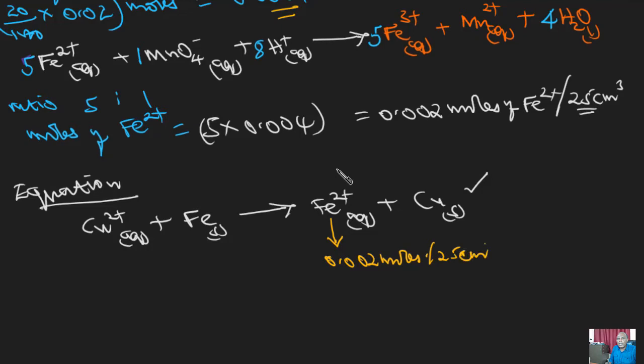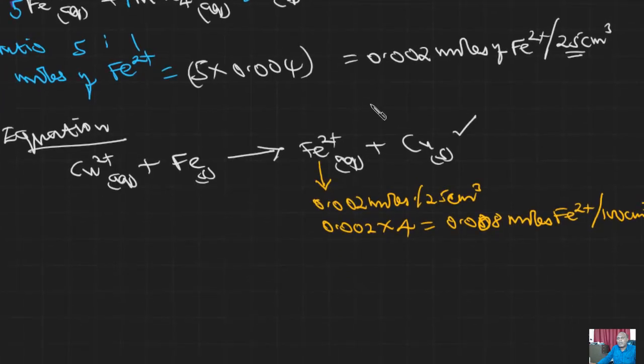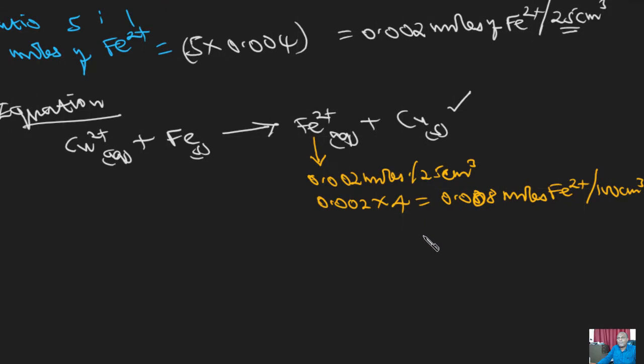So in the whole solution of 100 centimeters cubed that we reacted, the number of moles of iron 2 produced was 0.002 multiplied by 4. So these become 0.008 moles of iron 2 in the 100 centimeters cubed that were in the beaker that we reacted.